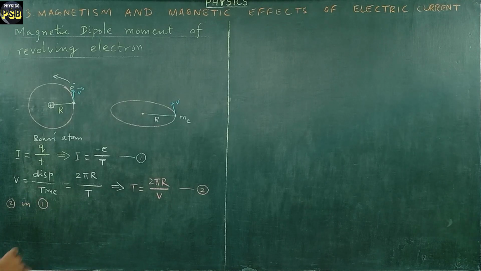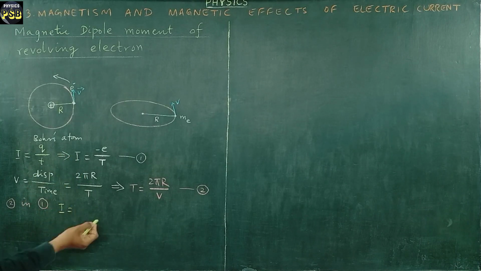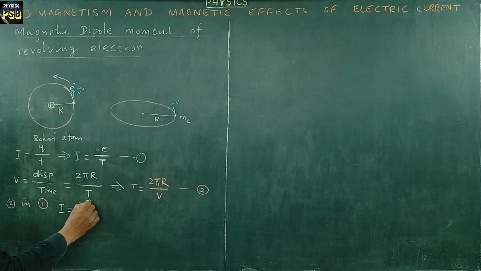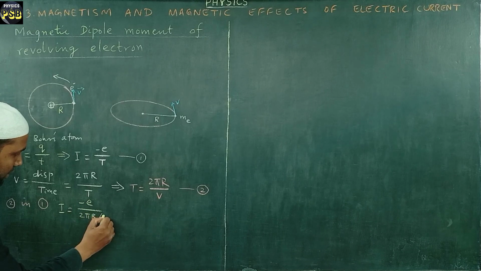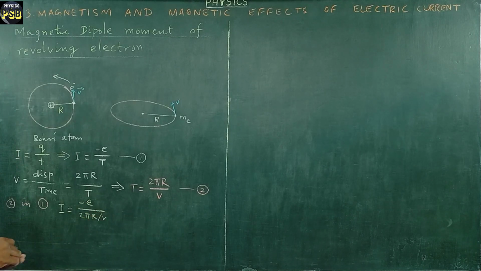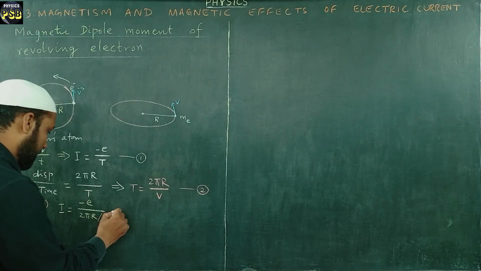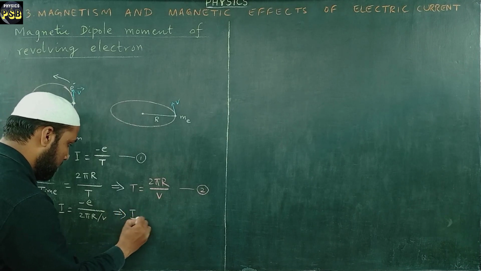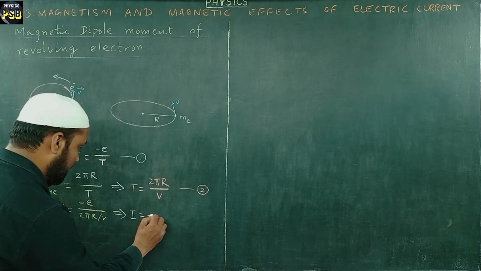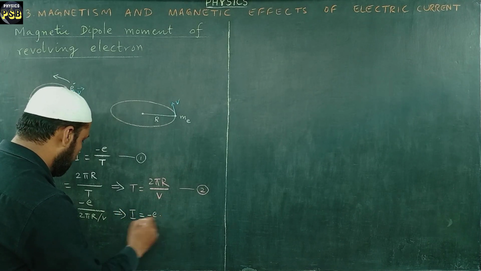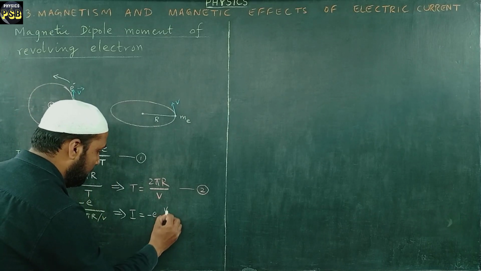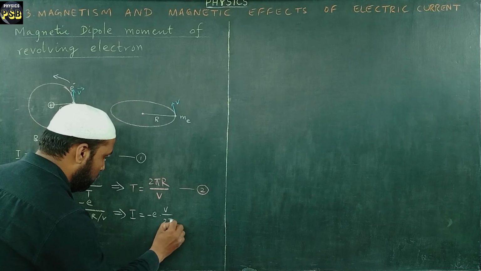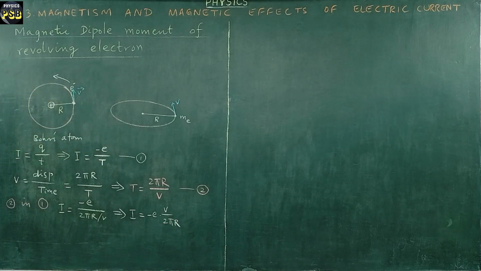If I do so, then I get I equals minus e upon 2 pi r divided by v. So this can be written as I equals minus e multiplied with, when I take this term to the numerator, v upon 2 pi r.